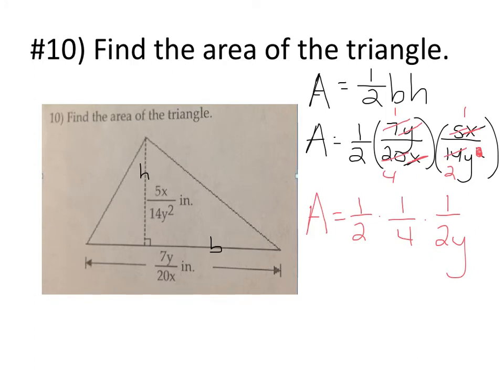And when you are multiplying fractions, you just multiply straight across. So A is equal to, if I just do numerators, 1 times 1 times 1 is 1, over, then do denominators, 2 times 4 times 2y is 18y. Just kidding, 16y.